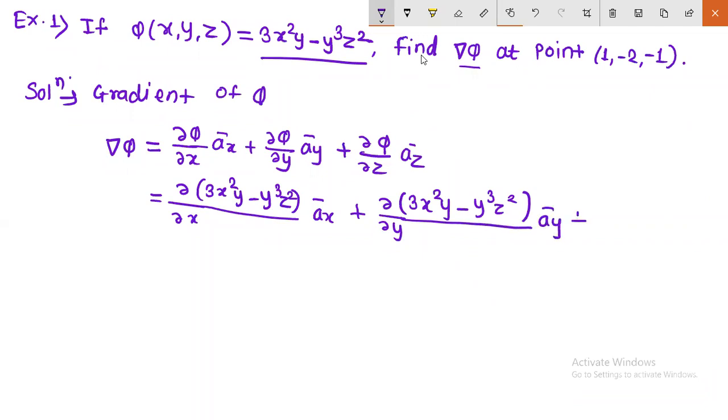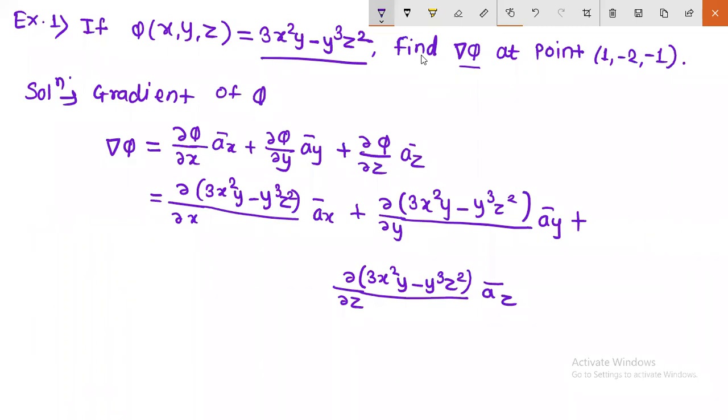Then plus del upon del z of phi, that is 3x square y minus y cube z square, into unit vector a bar z.